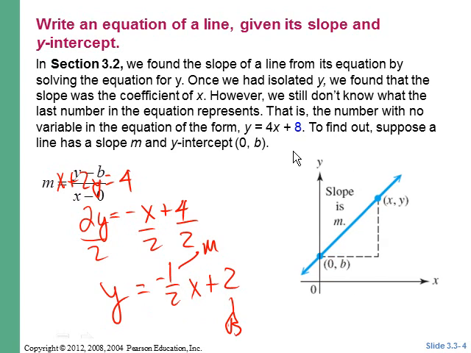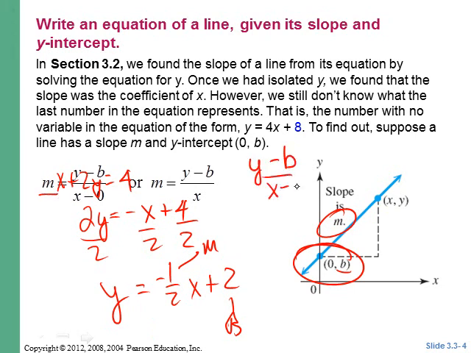Okay, so if you notice, here's where the slope or the intercept is, b, and the slope is m. So we find the point on the y-axis that it crosses, and from there do the slope. A couple ways to look at the slope. Slope is either y minus b over x minus 0, or y minus b over x.